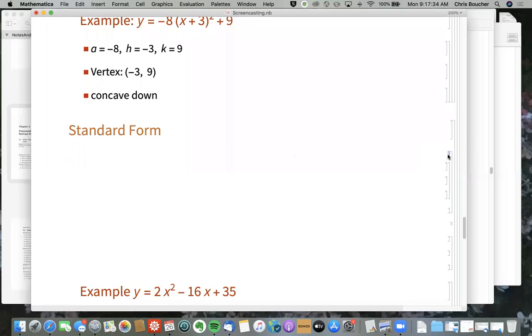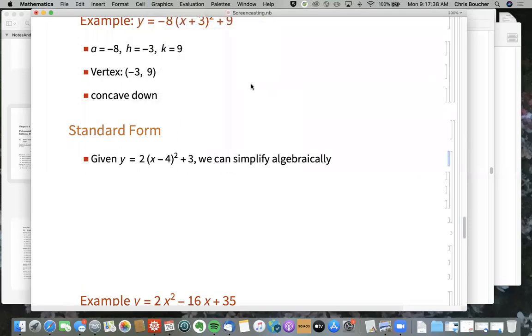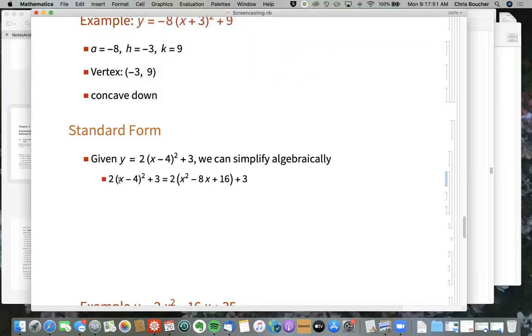Okay, another form that's a little more common than vertex form is called standard form. If we start with something in vertex form, like one of the examples that we looked at up above, we can do some algebra to re-express this. If I, for example, expand that square. Recall from algebra, the way you square a binomial is: square the first, plus twice the product of the two terms, plus the square of the second.